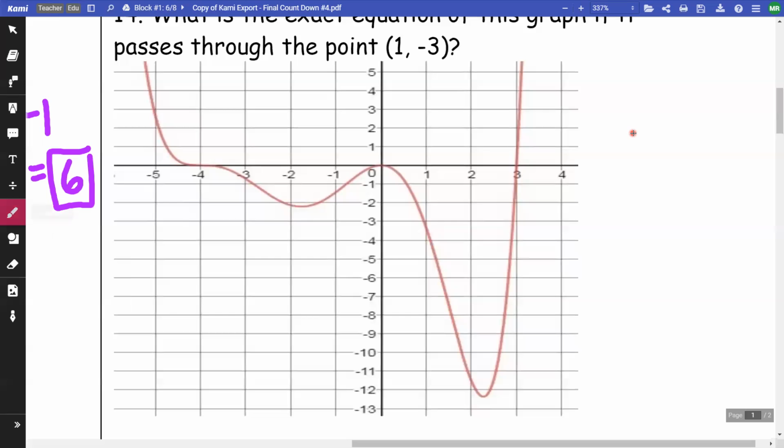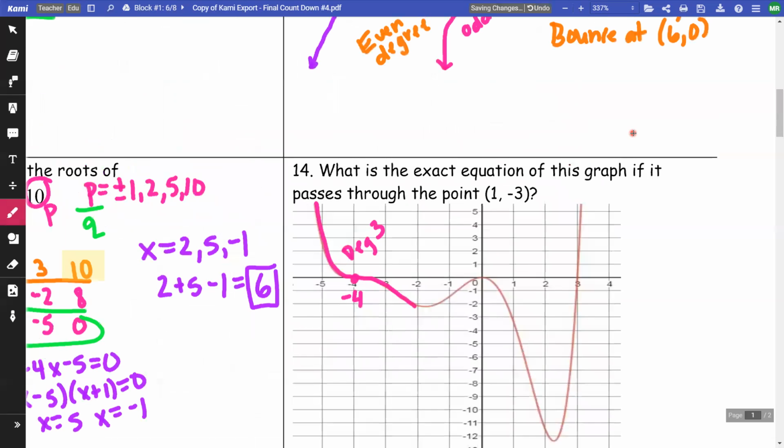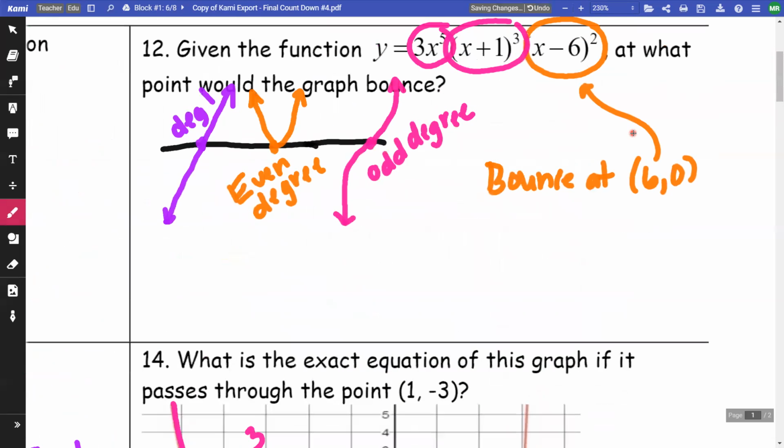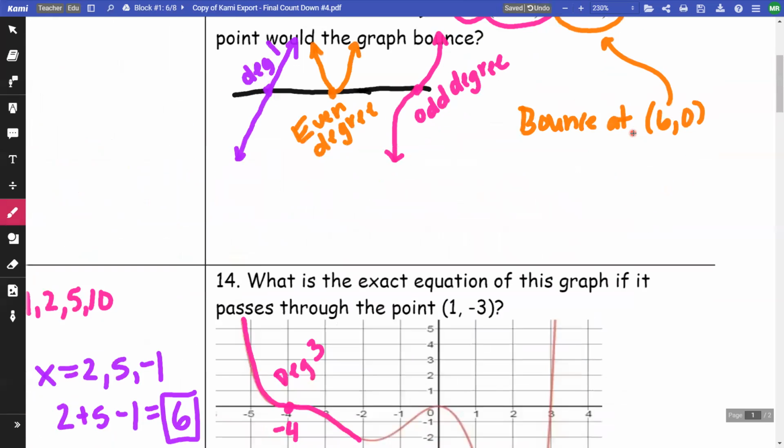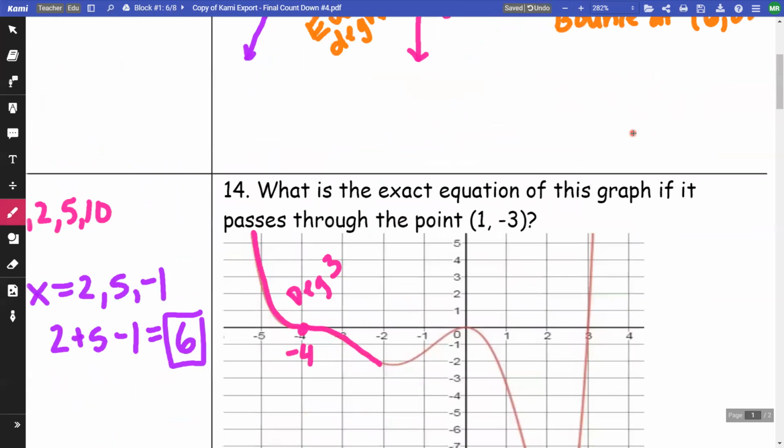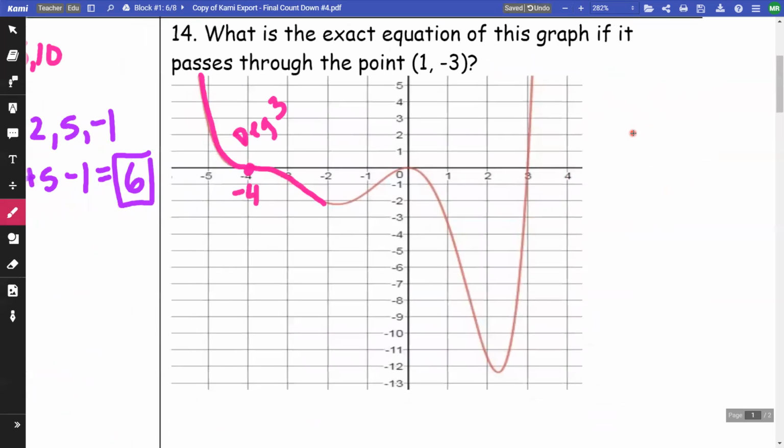Okay, so pink is, so here I have an x-intercept at -4. But if you look and see how it's crossing here, this is going to be a degree 3 because it's one of those cubed ones, like that pink one, which is an odd degree, but the simplest one is always degree 3. So we're going to assume it's degree 3.